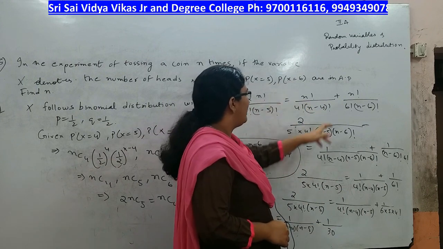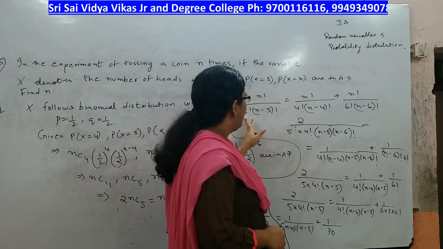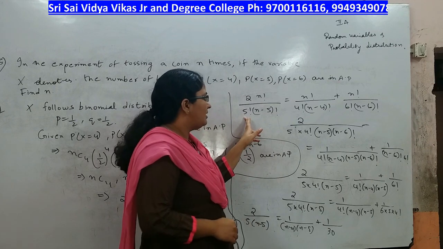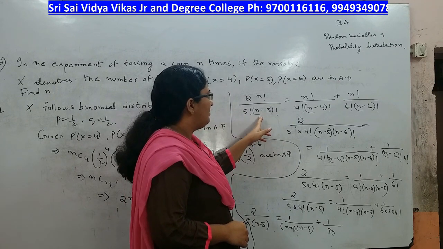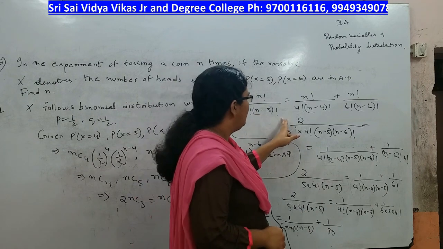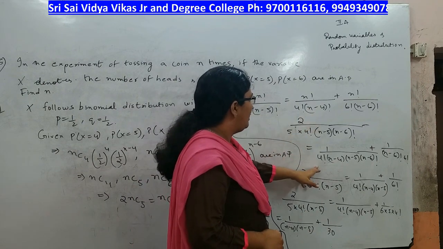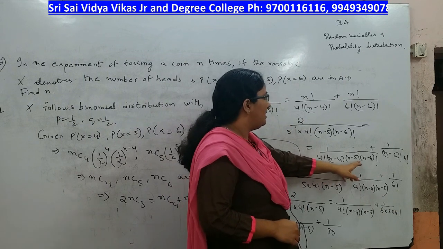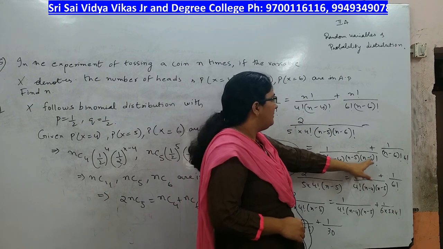Throughout, cancel n factorial. 5 factorial can be written as 5 into 4 factorial. Here n minus 5 factorial is n minus 5 into n minus 6 factorial, and n minus 4 factorial is n minus 4 into n minus 5 into n minus 6 factorial.